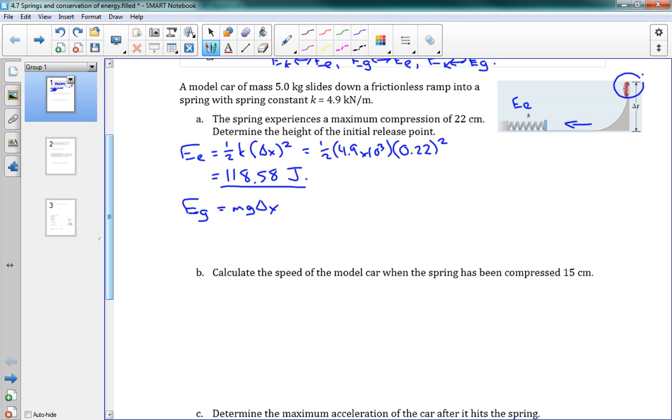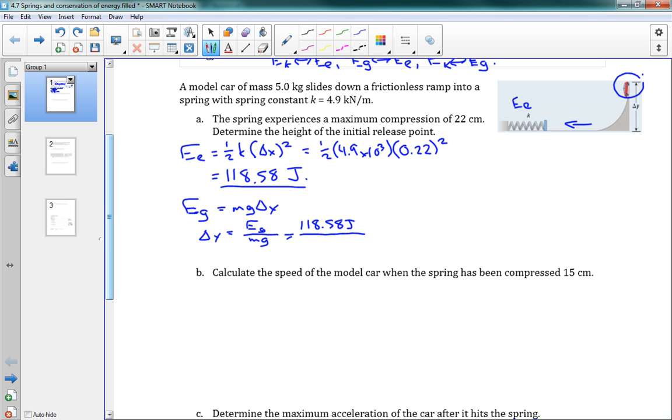Okay, and we want to find the initial height. So we want to find delta y is equal to Eg over mg. Now we know Eg at the beginning has all of the energy, so it's going to have that full 118.58 joules that we later convert into elastic.